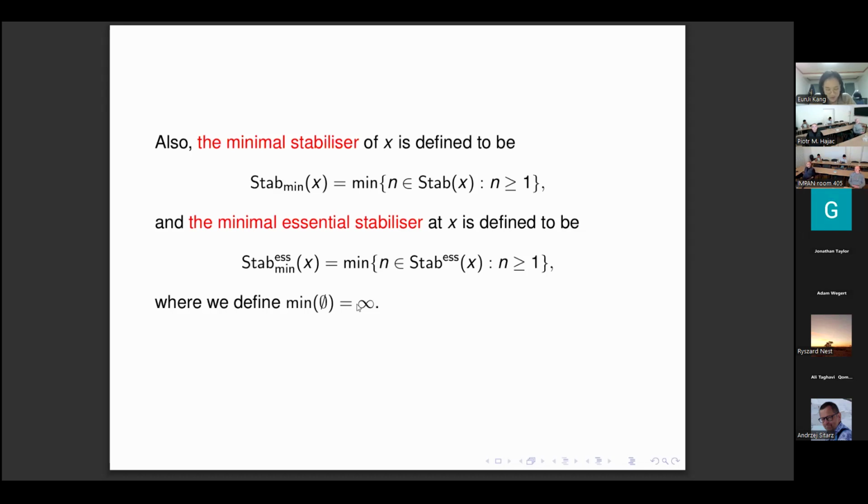And then we can also talk about what's called the minimal stabilizer at the point X in our Deaconu-Renault system.